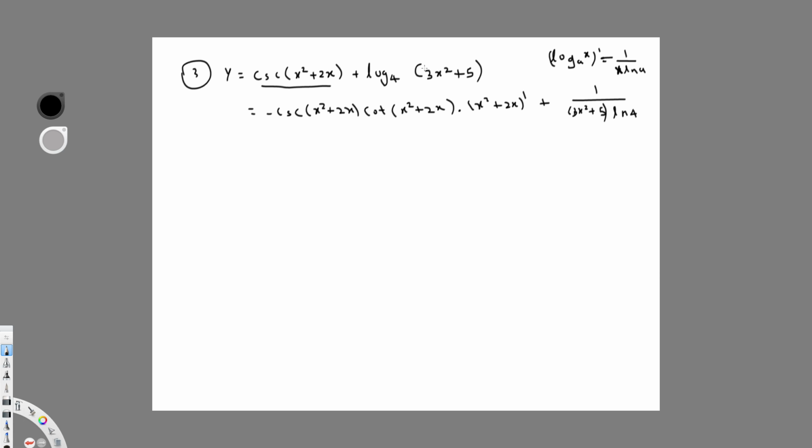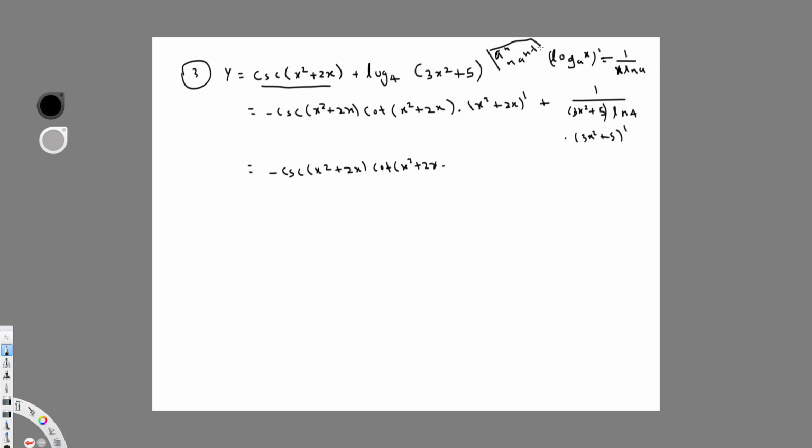Now I have to find the inside derivative. So it's the derivative of 3x square plus 5, and I have to do one more step. To solve this, I have to put minus cosec of x square plus 2x, then cot of x square plus 2x. If I find the derivative of x square plus 2x, the derivative formula is, if it's x to the n, the derivative is n x to the n minus 1.